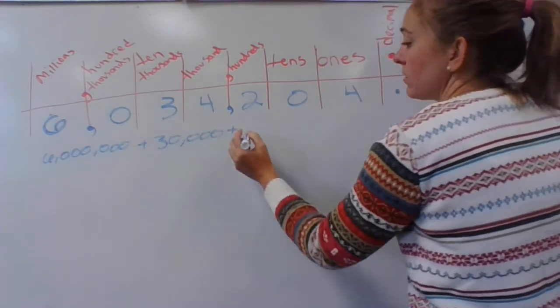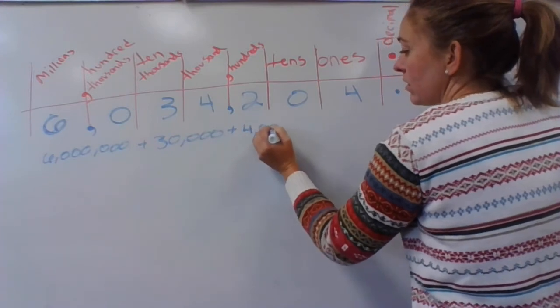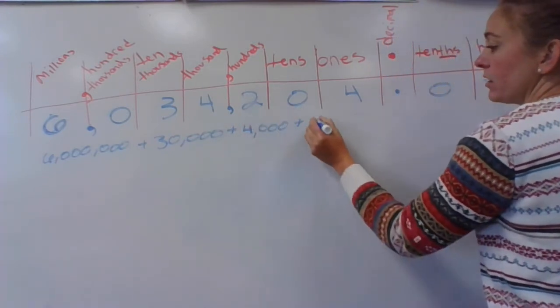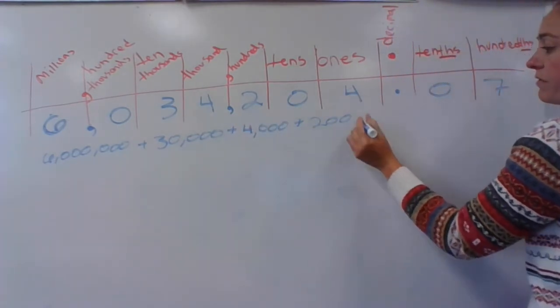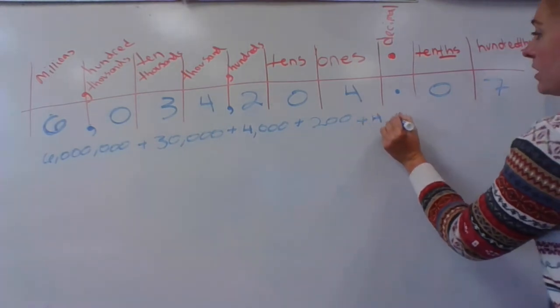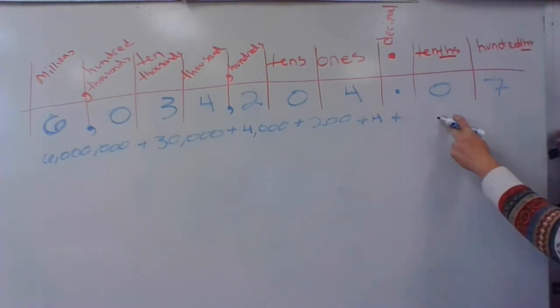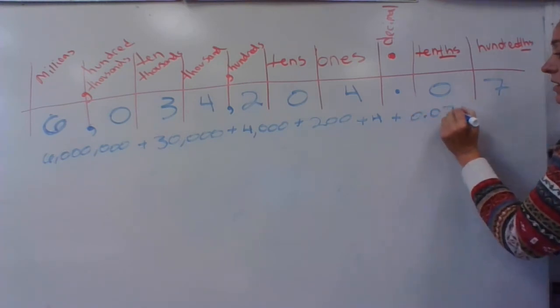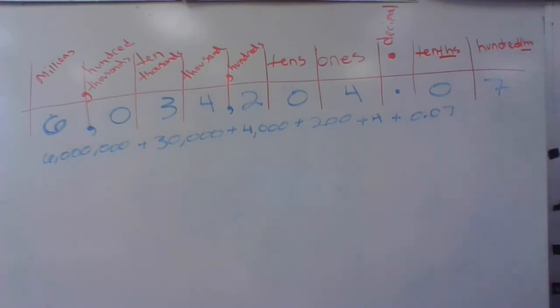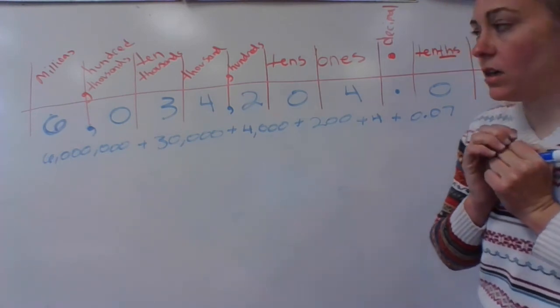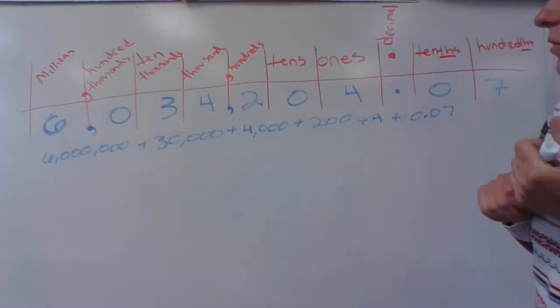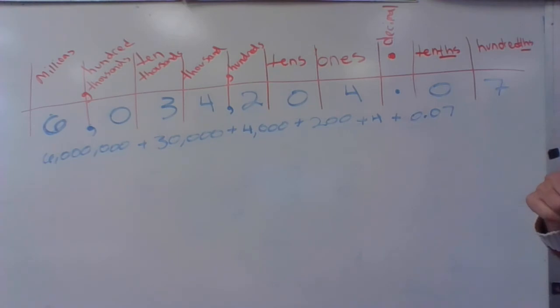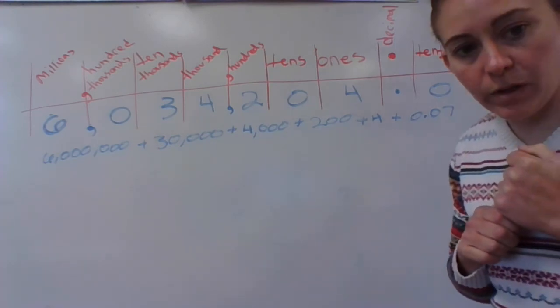Plus 4 in the 1,000 makes 4,000. Plus 200. Plus 4. Plus, now I don't have it in the tenths, I'm going to skip that, but I do have something in the hundredths, so plus 0.07 for 7 hundredths. And this would be 6,034,204 and 7 hundredths written in expanded form.